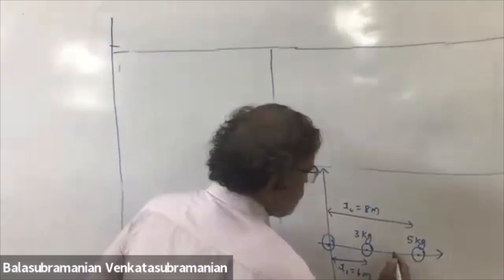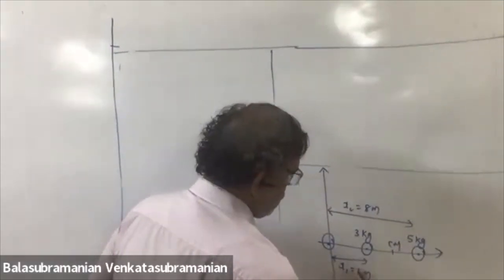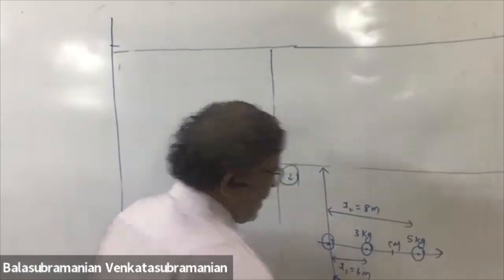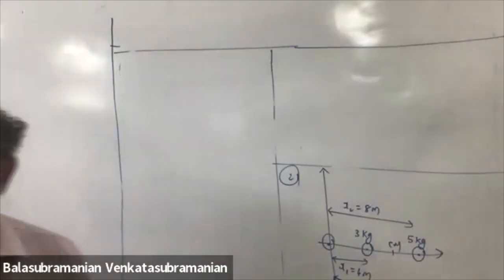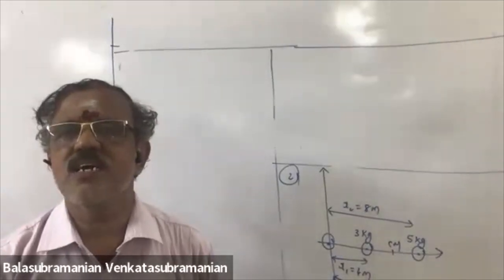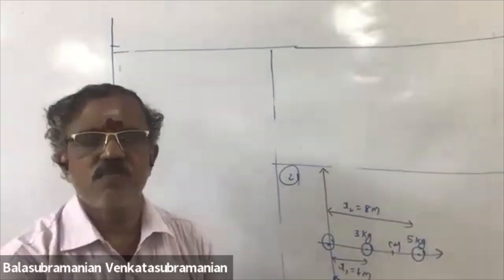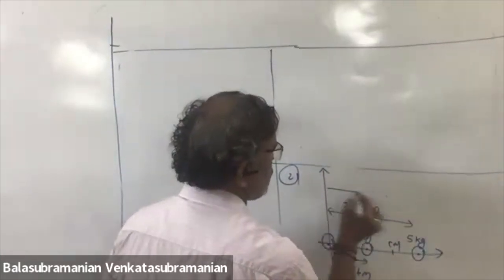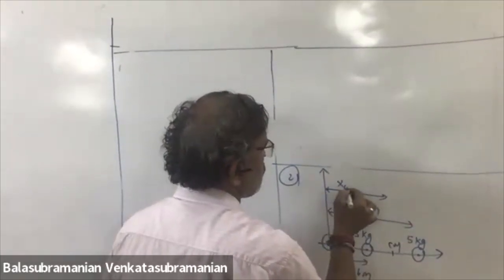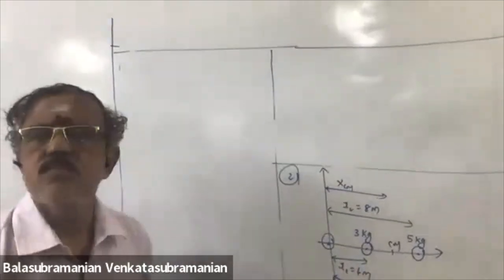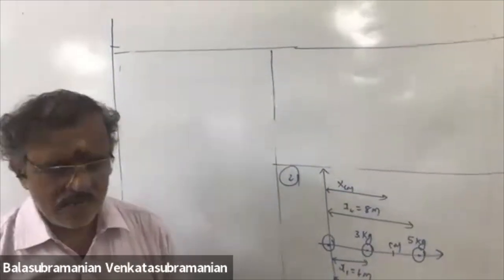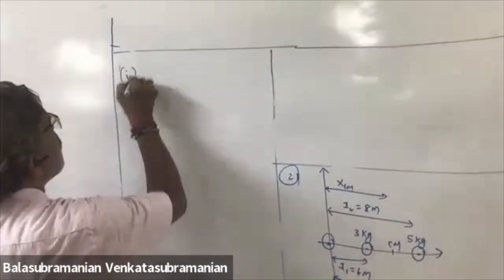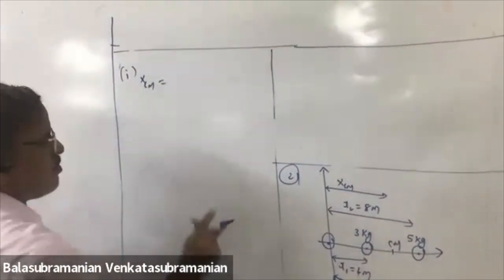So here is the center of mass point. We take this distance as xcm, the center of mass distance from the origin. That we are going to calculate. First, xcm from the origin.